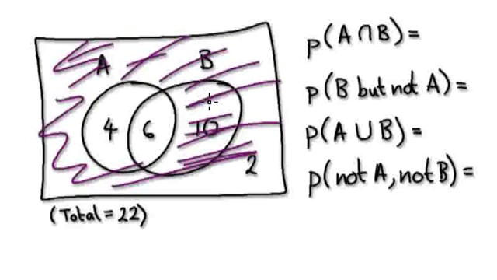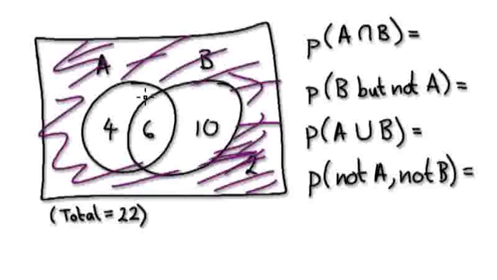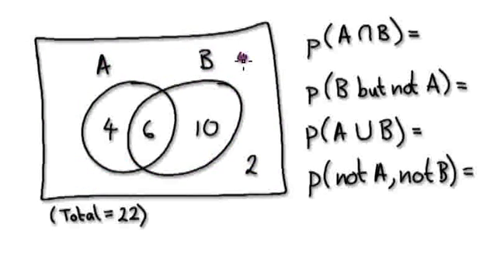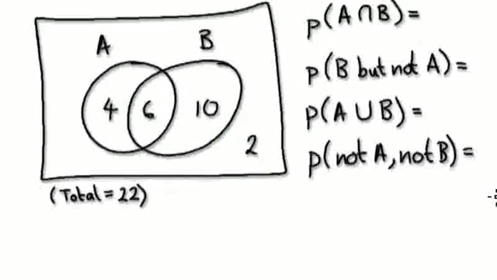But the thing is, not B as well, so we've got to get rid of B. It's everything outside of the two circles, which is not A and not B, so it can only be this. So it's 2 over 22, and then you could simplify if you want.